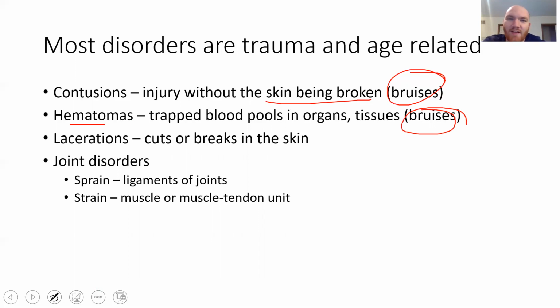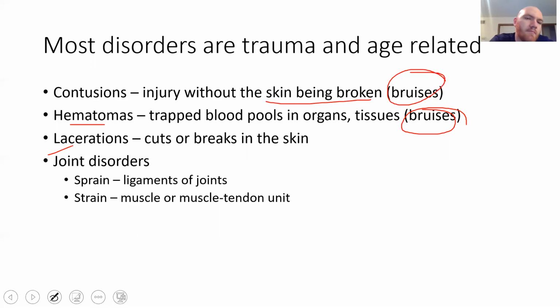Whenever you hear about somebody having internal bleeding, that's a hematoma. Generally, if the hematoma is serious, it's because the person is losing blood out of their circulatory system, more so than just having blood accumulation, if that makes sense. And then, of course, there are lacerations, which are any kind of breaks or cuts in the skin.